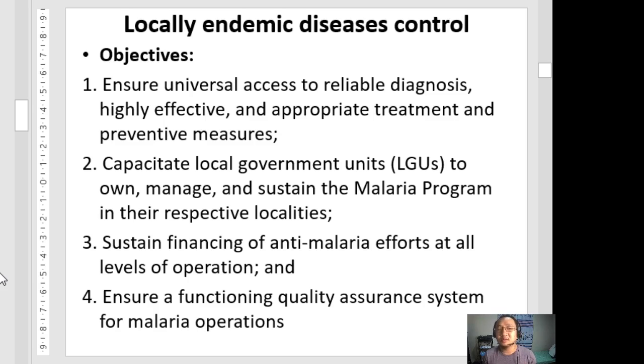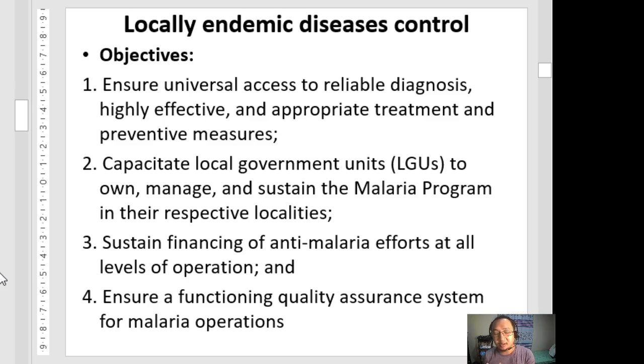Okay, the number two of the objectives, we have capacitate local government units to own, manage, and sustain the malaria program in their respective localities. Okay, so this is to empower your local government units, basically the provincial level and the municipal level.